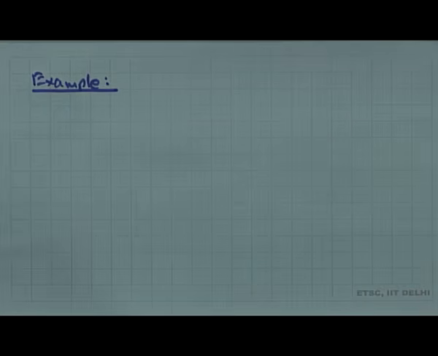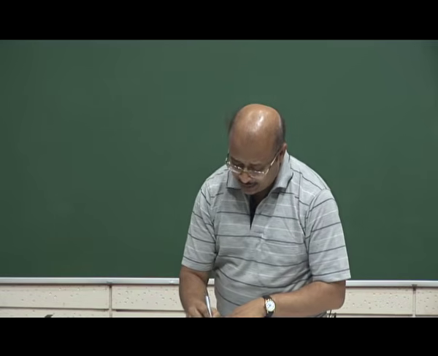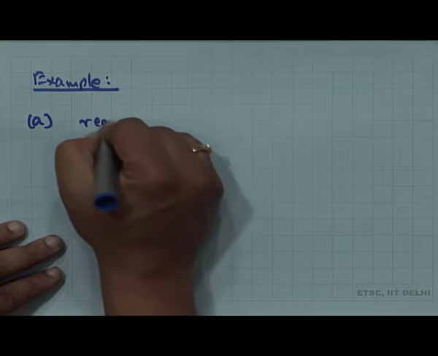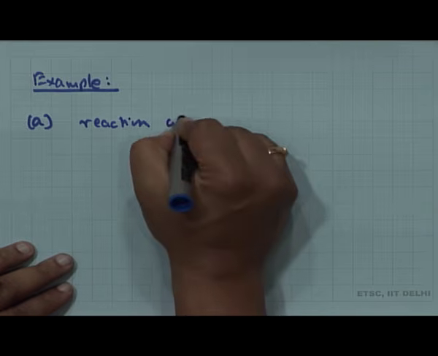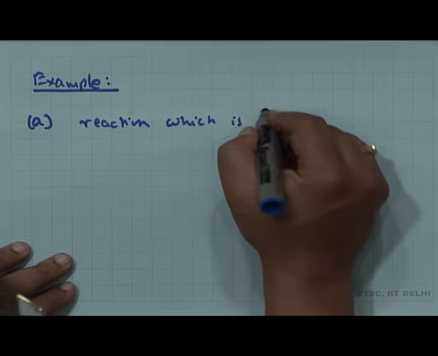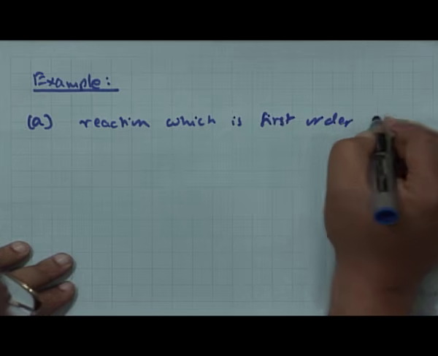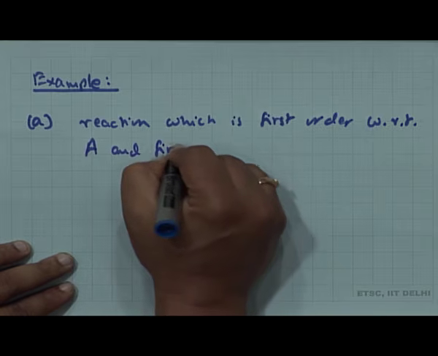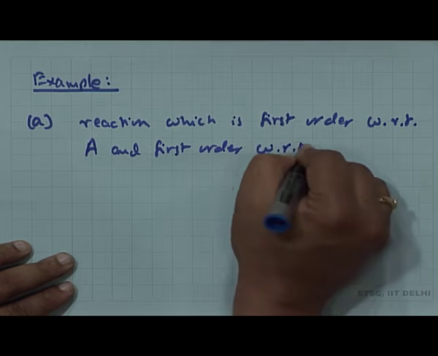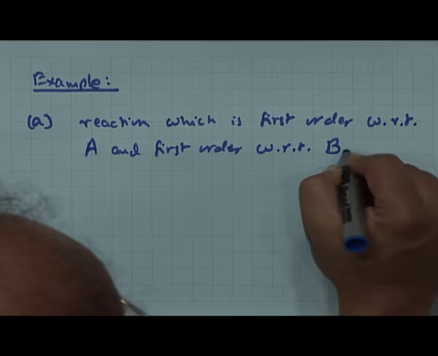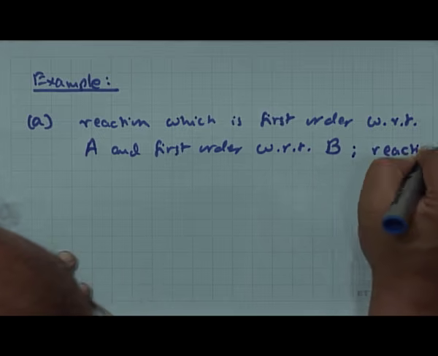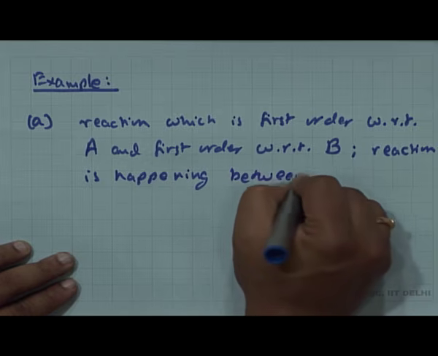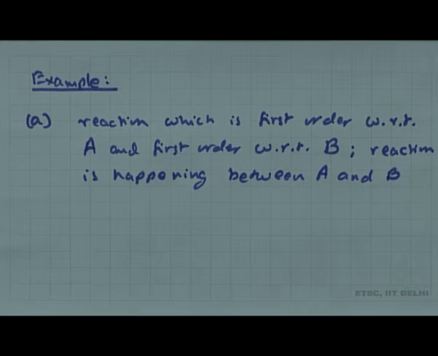The example says that there is a reaction, let this be A, which is first order with respect to A and first order with respect to B, and the reaction is happening between A and B. Okay.